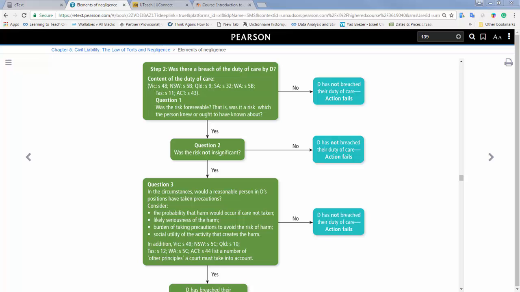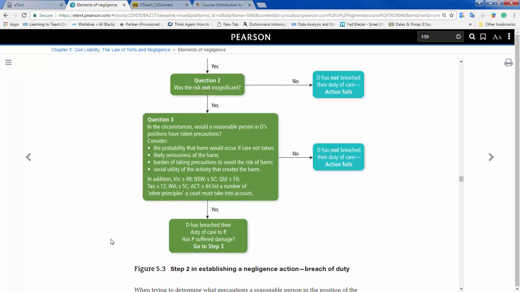You can search for section 10, for example, and read the section and see what these other principles are. This would be useful for people who are looking for high distinction grades, to add that to your answer, especially in part B of the final exam in relation to problem solving questions.